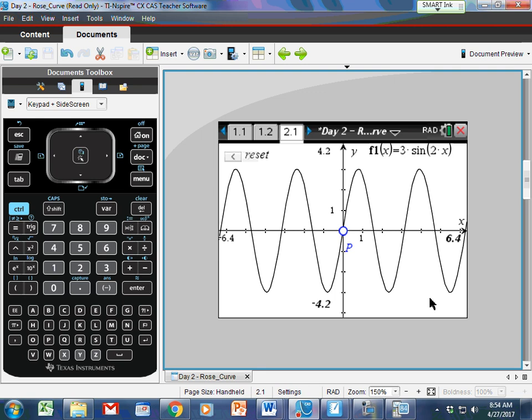What do you notice about the sine curve? What's the amplitude of the sine curve? 3. And if I go all the way to 2 pi, so that's what the x max is here, how many cycles did I go through? Went through 2 cycles, didn't I? Because of the 2 right there. It changes the, what's the word I'm looking for?